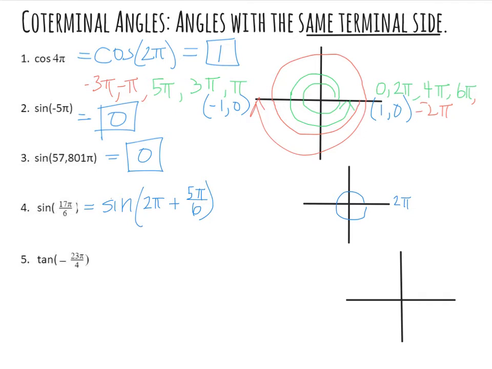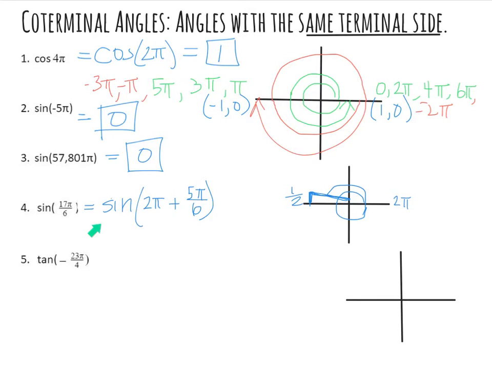We know the pi over 6's sit closer to the x-axis. So 5 pi over 6 will land somewhere over here. And if I look at that triangle that's created, I can see that it has a shorter vertical distance than it does horizontal. So that's going to be the 1/2 value.